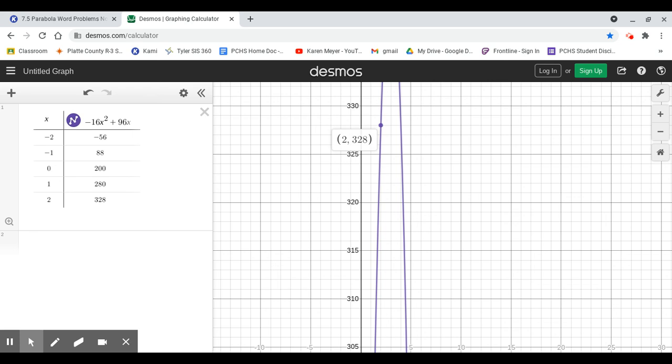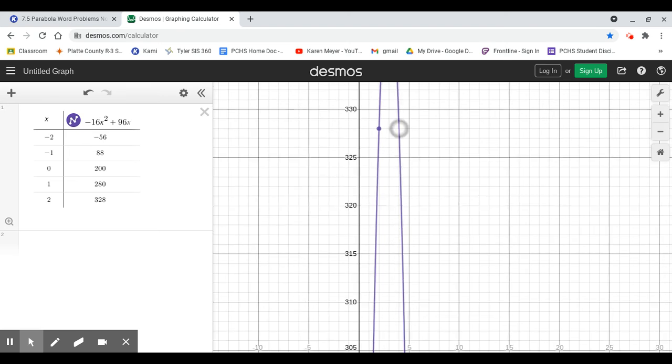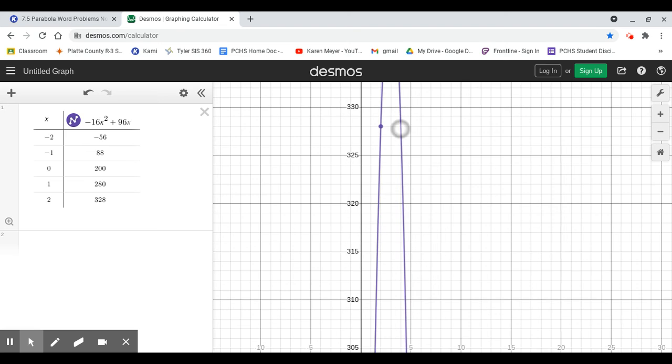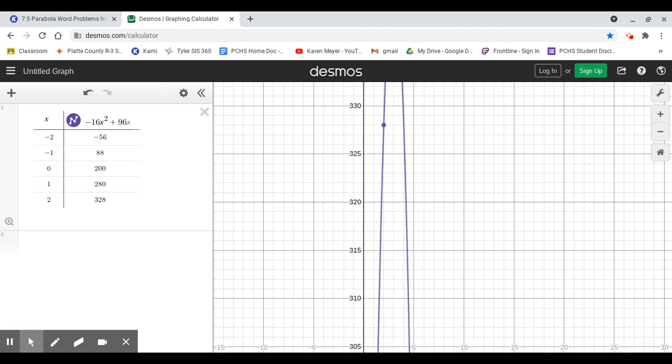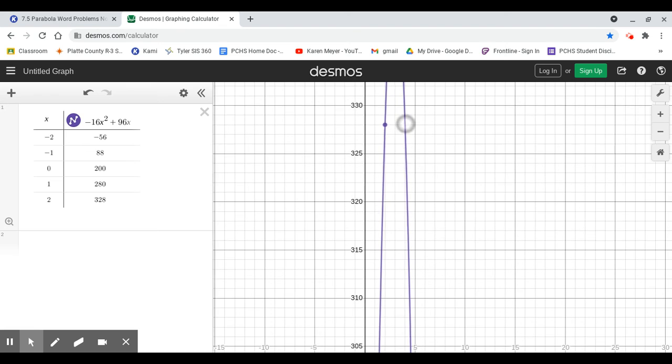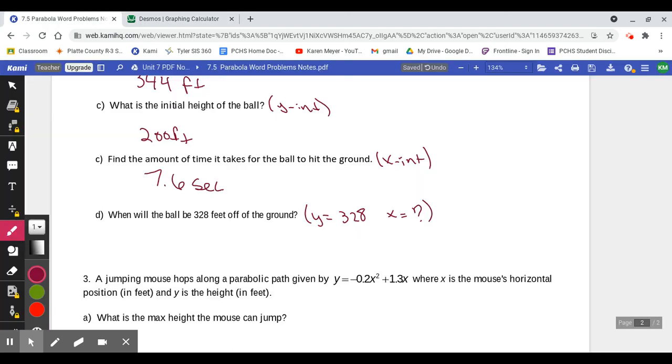So 328 right there. On the way up, it's going to hit at 2 seconds, and straight across on the way down, you can see 2, 3, 4. So it looks like it'll hit at 2 seconds and 4 seconds.